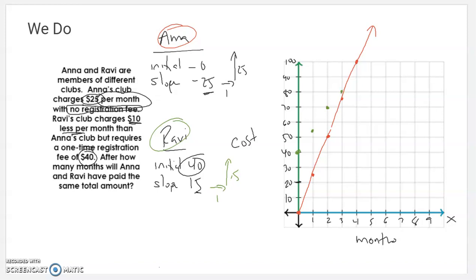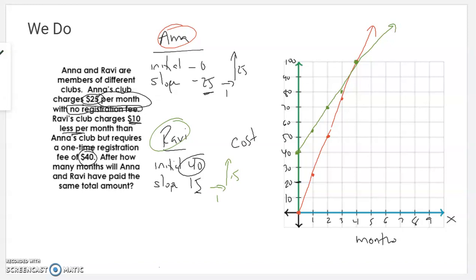After 3 months, they're only $5 apart that they've spent. One more month. 50. Oh, look at that. I hit it right on the nose. It's going to be right there. And so as I extend, there's my solution. Boy, did I luck out.